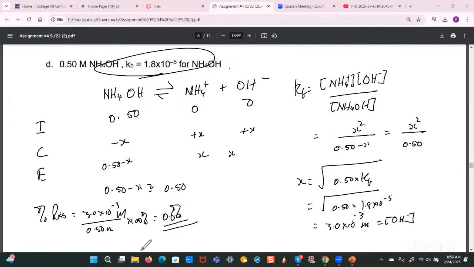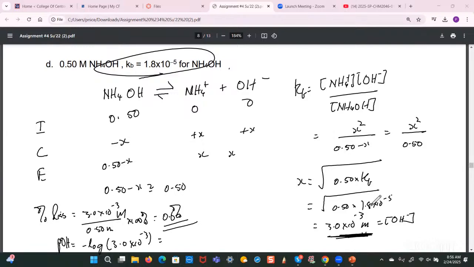So that means we can find the pH. How do we find the pH? We now have the concentration of OH minus, so how would you go about finding the pH? We need to find the pOH first before we can find the pH, because what we have so far is the concentration of OH minus.